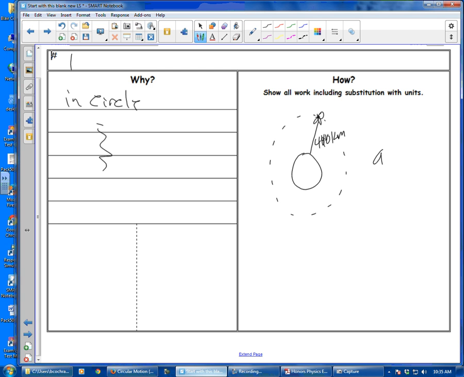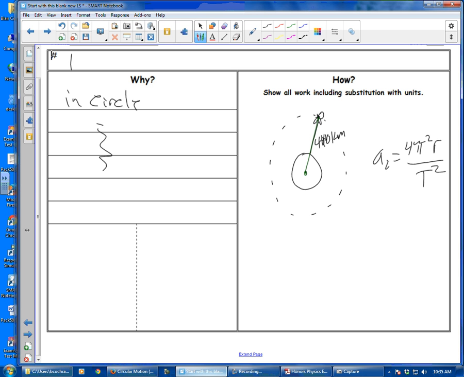We're going to use a_c is 4 pi squared r over the period squared. r, remember, is the radius of the circle. Well, the radius of the circle goes from the satellite to the center of the Earth.